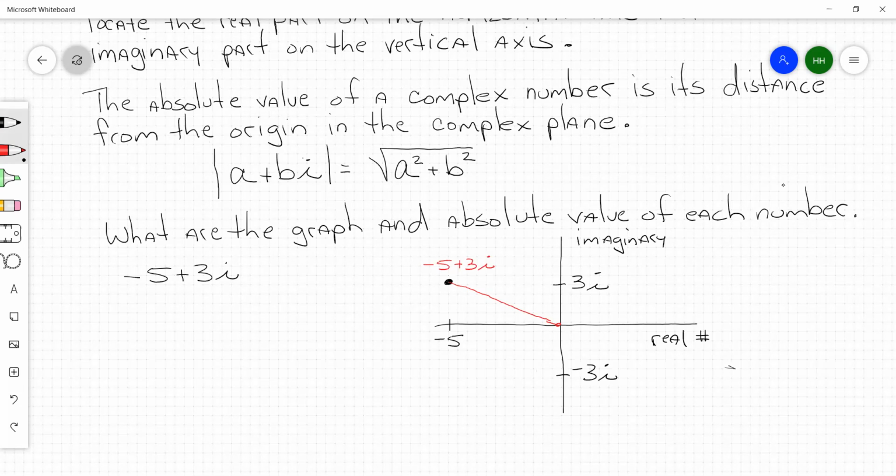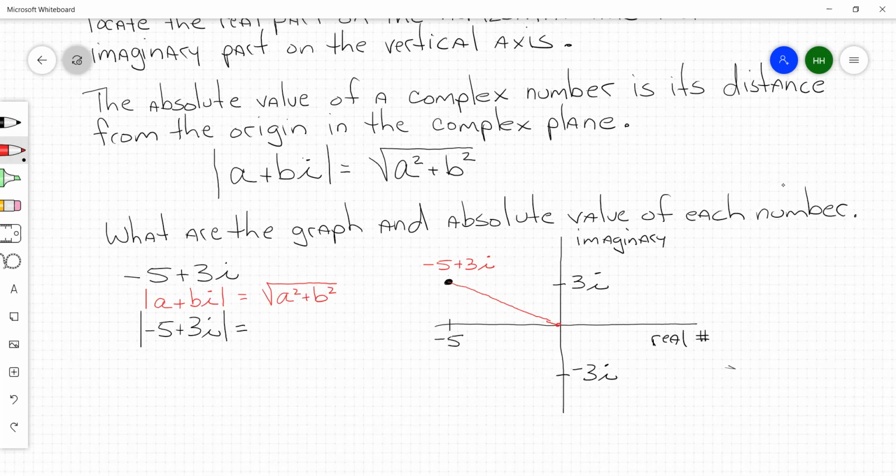So if we're going to find the absolute value of -5 plus 3i, look, this is your A plus Bi, right? So the absolute value of A plus Bi is equal to the square root of A squared plus B squared.